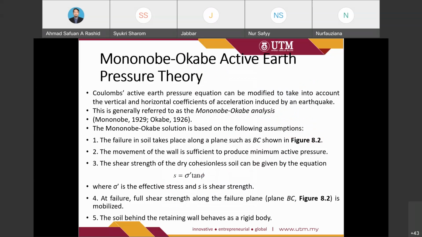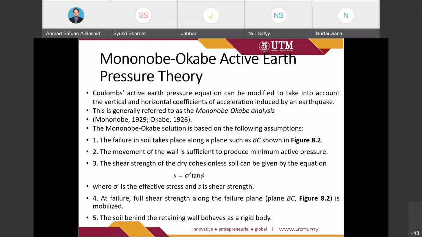Now we look at the Mononobe-Okabe active earth pressure theory, where he has improvised the static Coulomb active earth pressure equation to cater for the earthquake event.